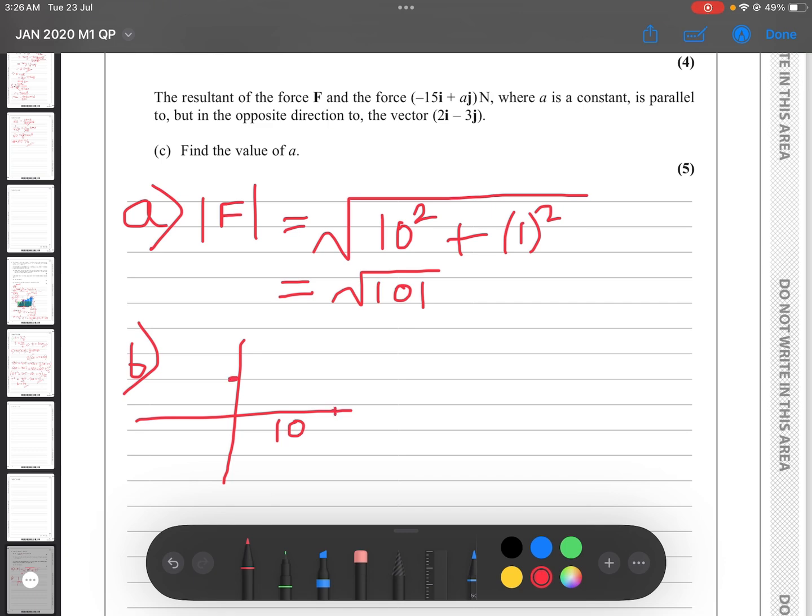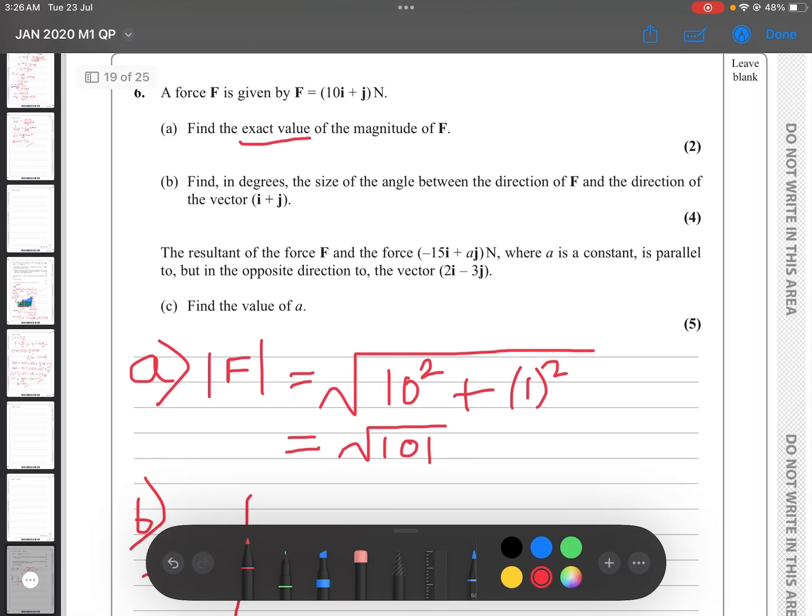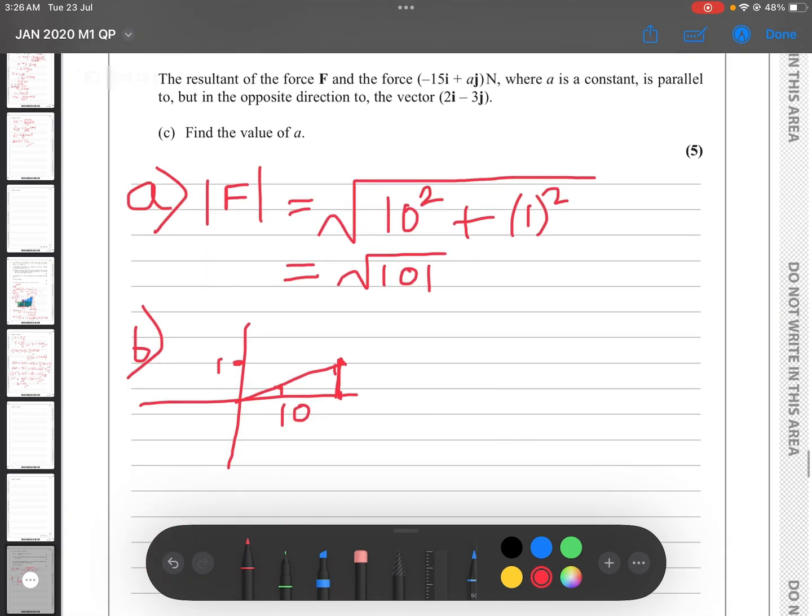So 1, let's consider this 1. This is the point, and it's going to look something like this. There's going to be an angle, okay? And the vector i plus j, so 1 is somewhere here, and 1 is again here. So it's something like this. It has an angle total here.